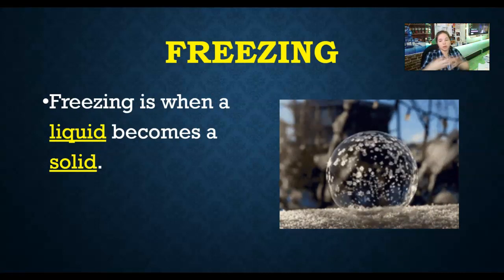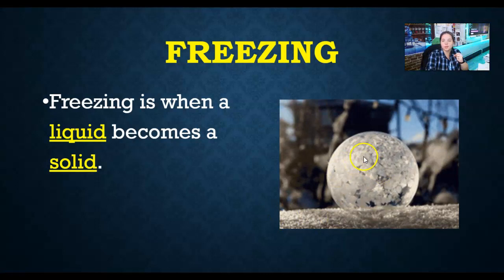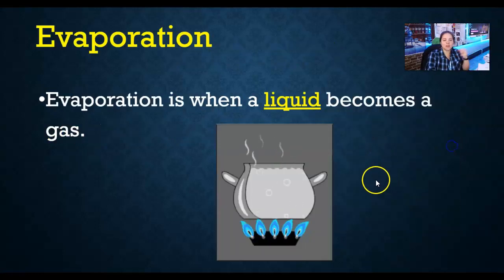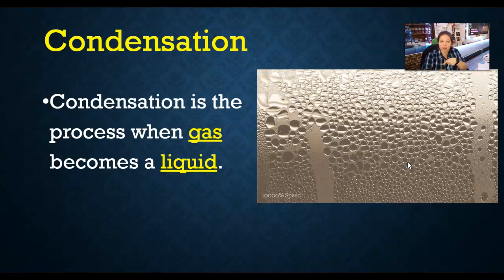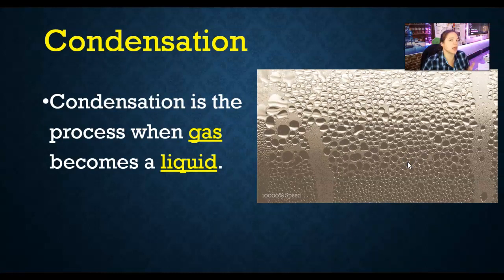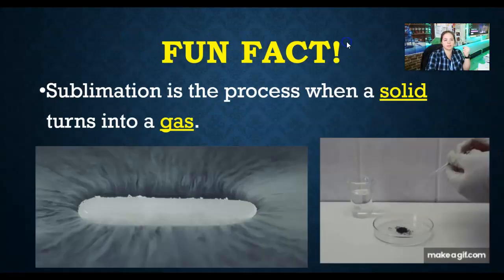It's when a liquid becomes a solid, as you can see by my bubble. Then you have evaporation. That's when you heat that liquid and it becomes a gas, like water vapor. And then the reverse of that is condensation. Remember clouds and condensation? It's when a gas becomes a liquid. That's like what you would see on the sides of glasses.